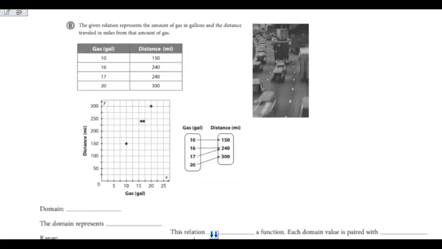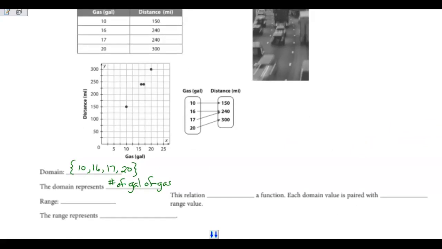We're given this one. The given relation represents the amount of gas in gallons and the distance traveled in miles from that amount of gas. What is the domain? Remember, the domain is my x values, so it's going to be 10, 16, 17, and 20. The domain represents the number of gallons of gas.